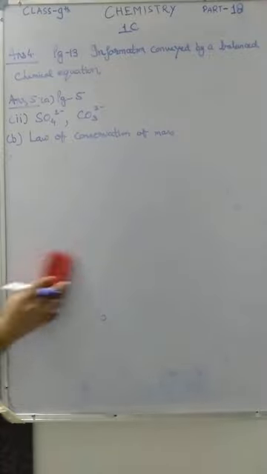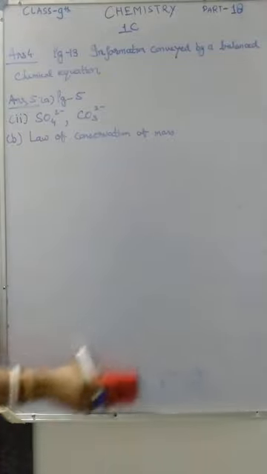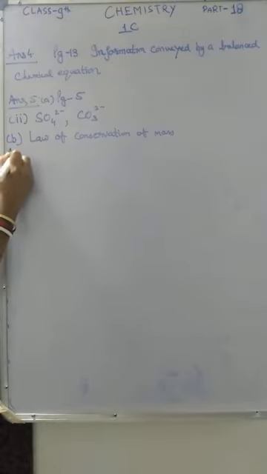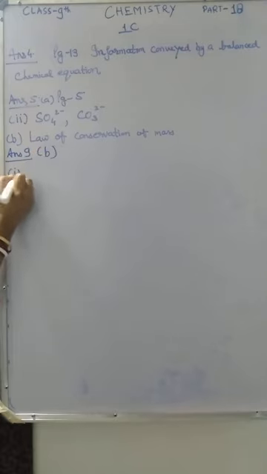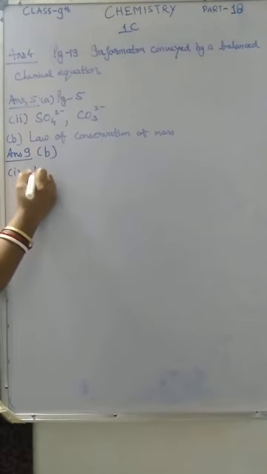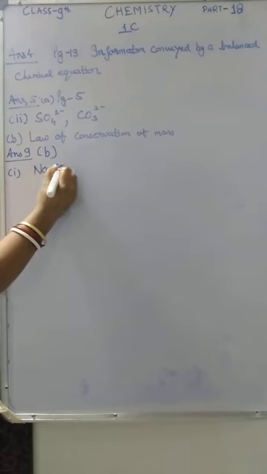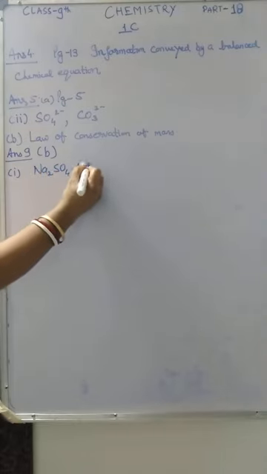Okay, for this you should know the atomic mass of the particular elements. Already it is given. Question number 9 part B, first one, Na2SO4 into 10H2O. Okay, atomic masses are given.